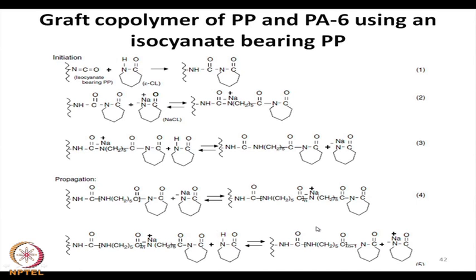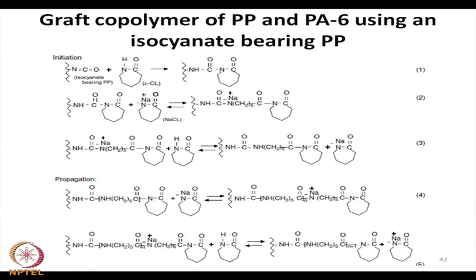This is a kind of thing which is totally an impossible situation. By graft copolymerization, one can make an impossible situation a possible situation.